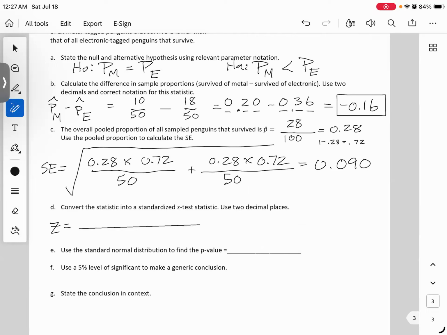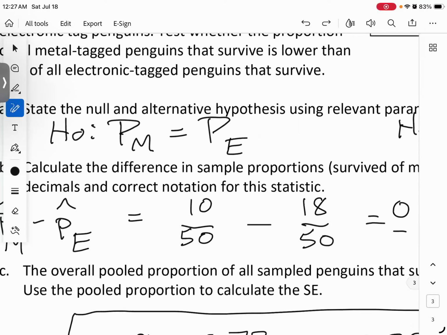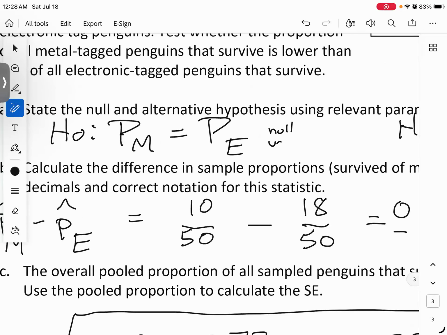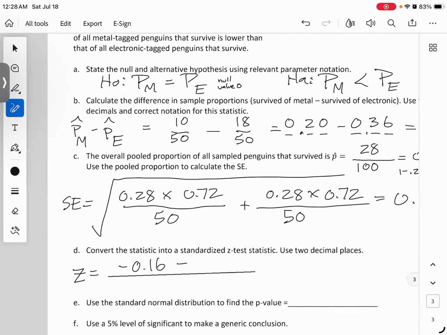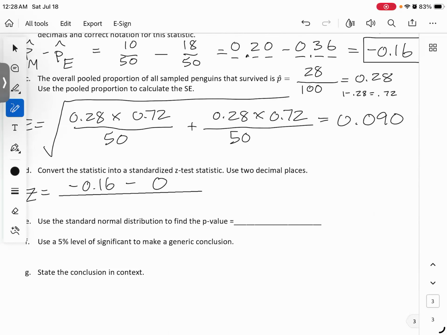Our statistic, well, that's this, the negative 16 minus our null. Remember, whenever we're saying that the two groups are the same or have no difference, that's a null value of 0. Here, maybe I'll sneak it in right here just in case you want it for your notes. This is null value 0. And then our standard error is right there, 0.09.